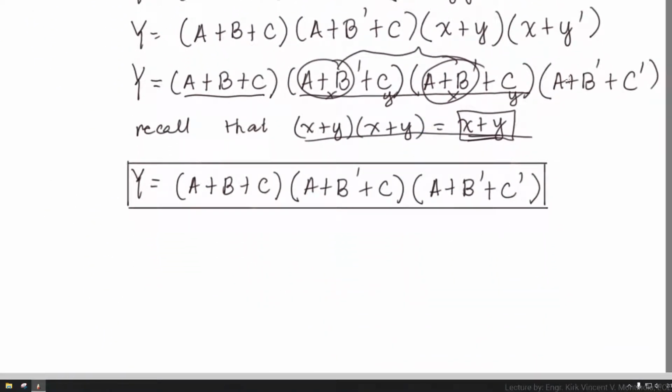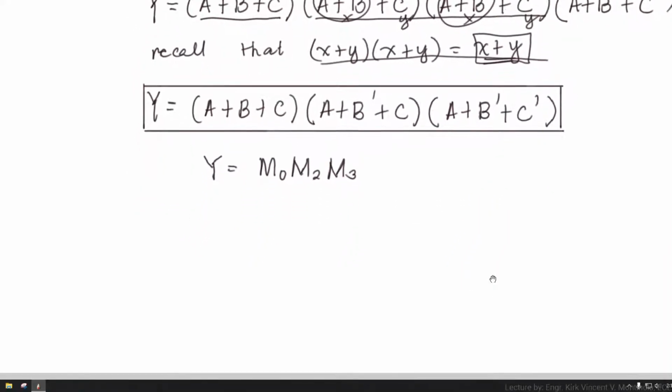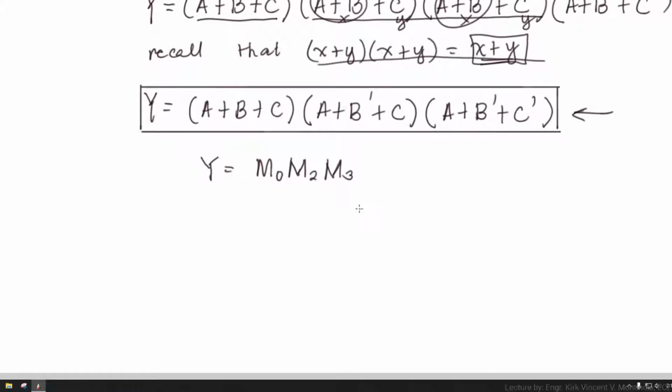Okay, so this is tama. Then, kung mapapansin mo class, yung y natin nilagay doon as a label is M0, M2, and then M3. Okay. Then you can verify your standard form kung tama nga itong nakuha mo by representing each sa corresponding na binary digit or max term.